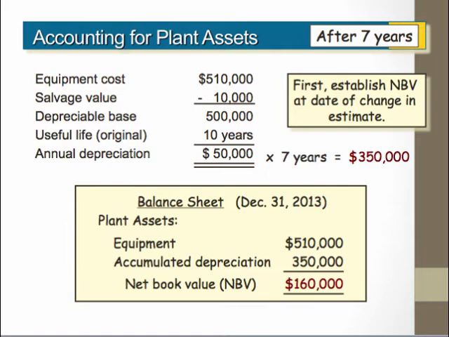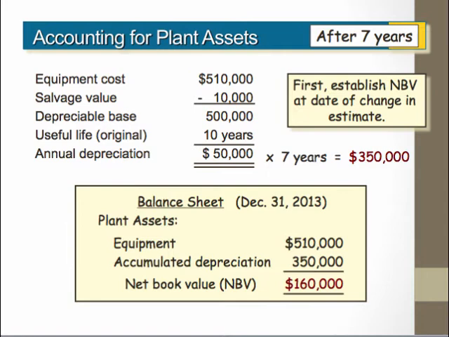We take the $50,000 times the number of years that we used it, 7, to get accumulated depreciation of $350,000. So if we take the original cost of $510,000, subtract out the accumulated depreciation of $350,000, we get a book value of $160,000 at the end of the 7th year.